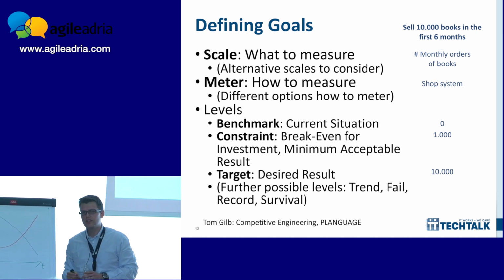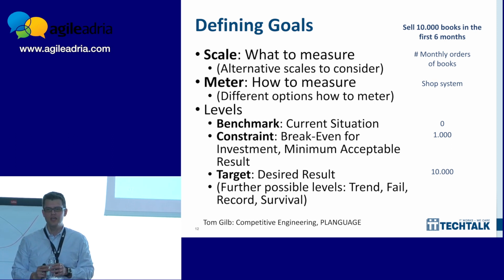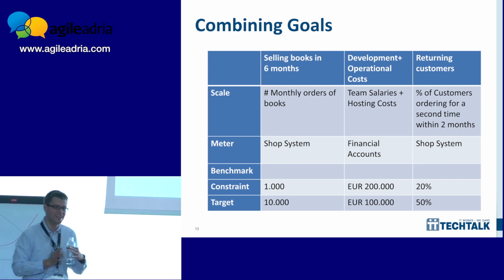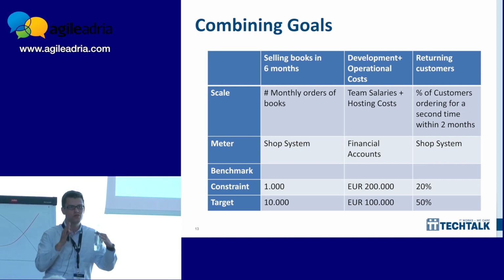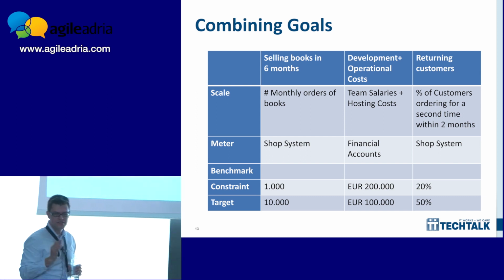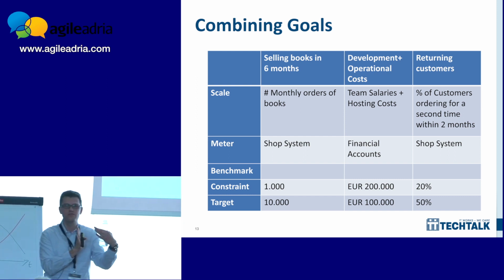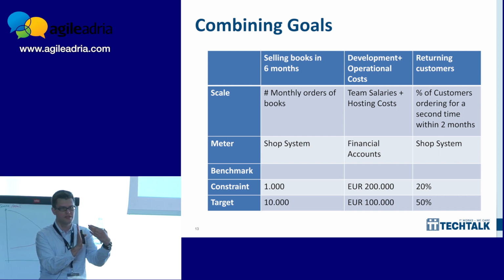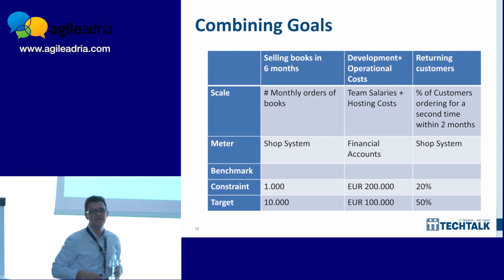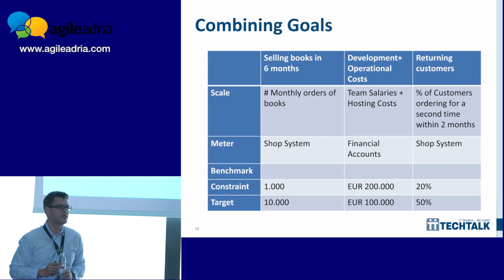Now, you usually will not have only one goal defining your project, but you will combine goals with each other. Usually, I think of it like guarding goals around your main goal. Let's say our main goal is selling a certain amount of books, because that's our strategy, but we have some boundary goals around how much money we can spend on this experiment, and we want to make sure that there's some sustainability in the business we build, so we want to have some returning customer rate.